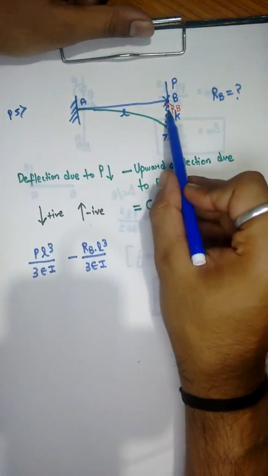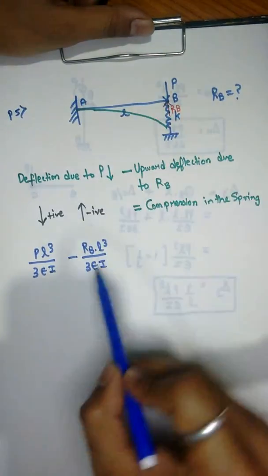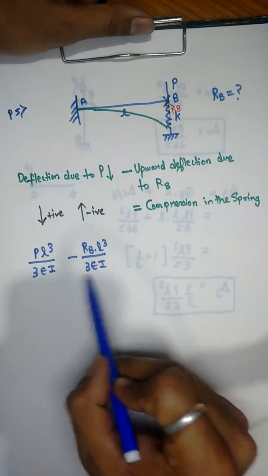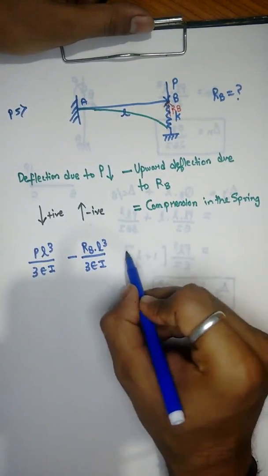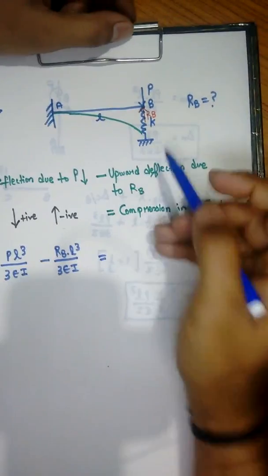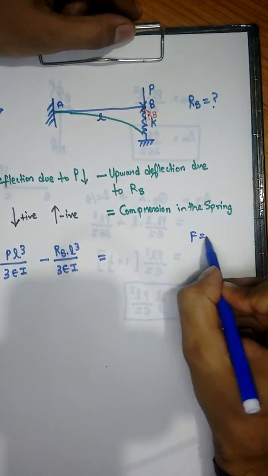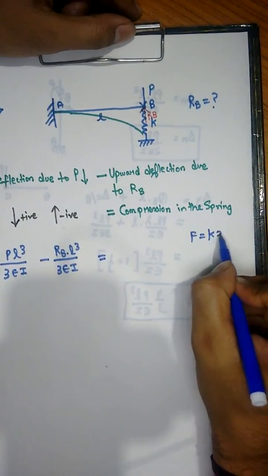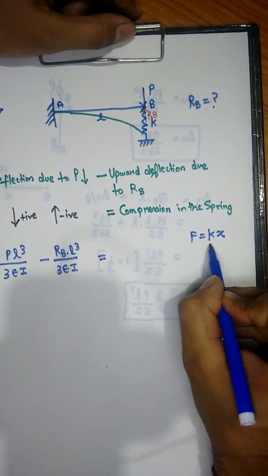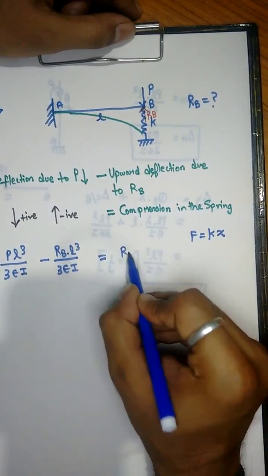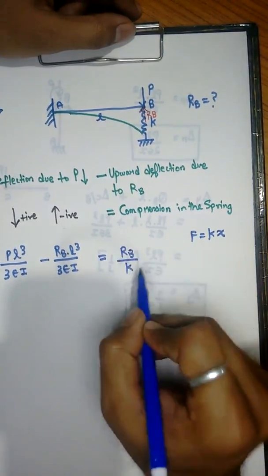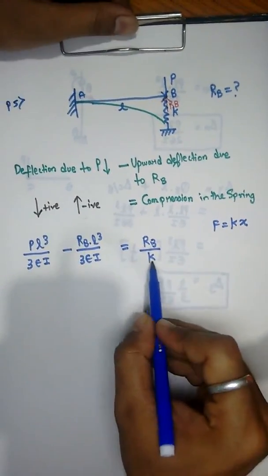It also acts as a point load in the beam, so the formula is same. RB L cube upon 3EI is equal to compression in the spring. We know that the spring formula is force is equal to K into X. Deflection is force upon K, so RB upon K.